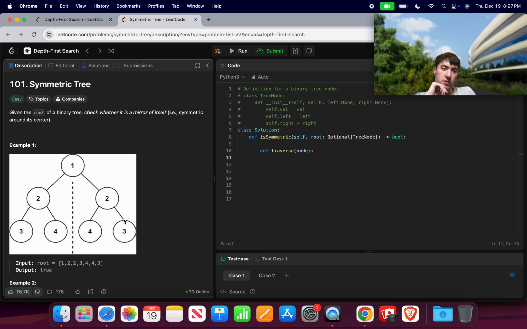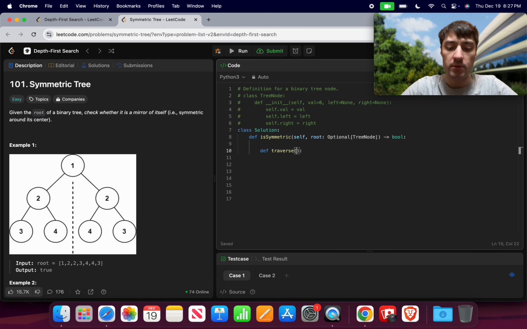Okay. So what would it be? Left node, right node, kind of like this maybe.